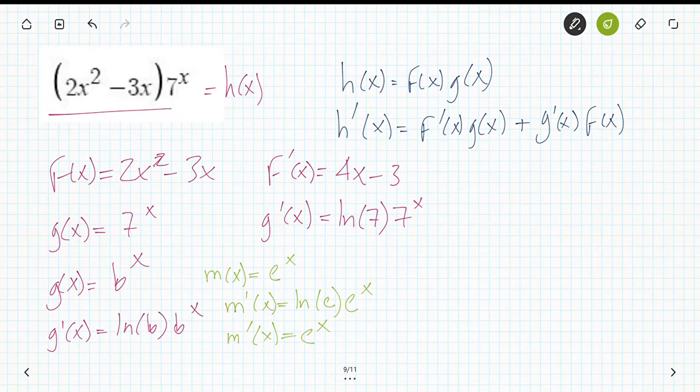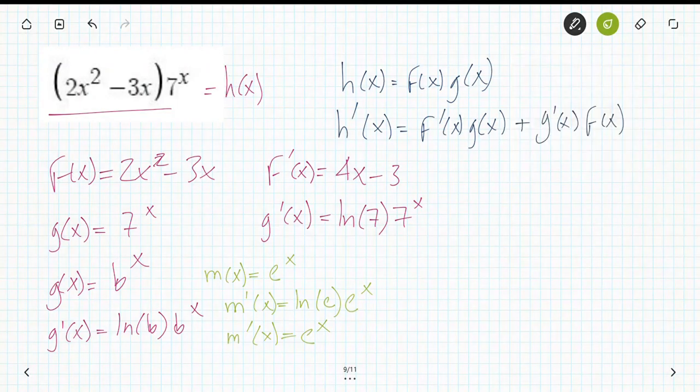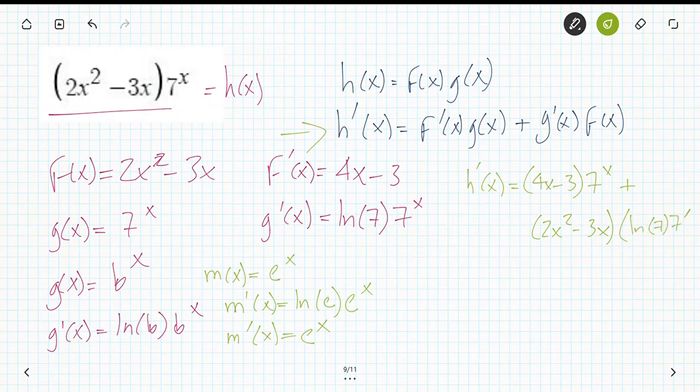But now that we know f prime of x and we know g prime of x, we can simply just put it in our derivative product rule. Okay, so h prime of x is going to be f prime, which is 4x minus 3, times g of x, which is 7 to the x, plus my other half, which is going to be 2x squared minus 3x, that's f of x, and then g prime is going to be the natural log of 7 times 7 to the x.